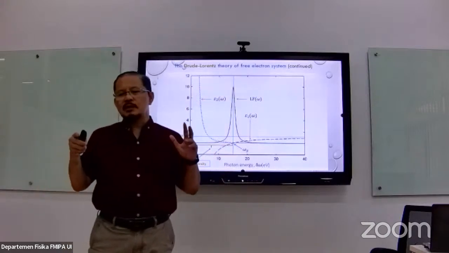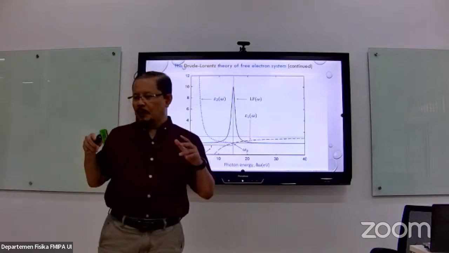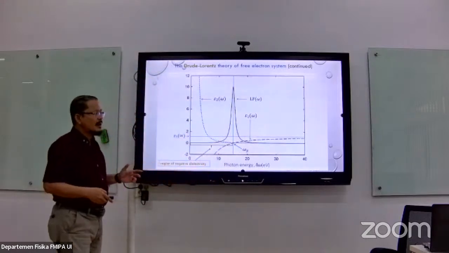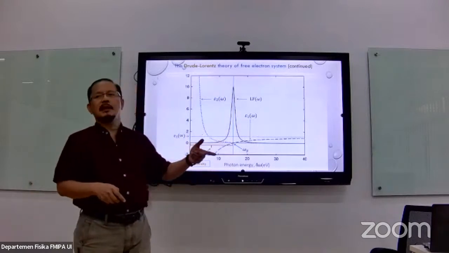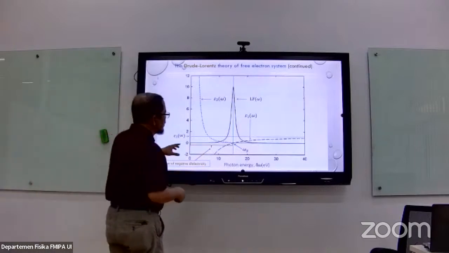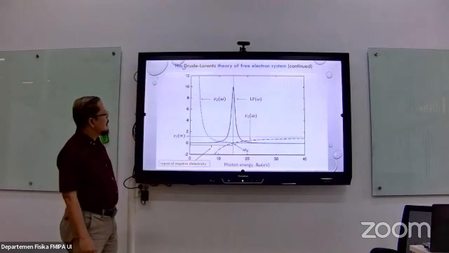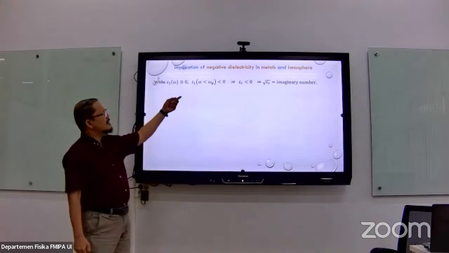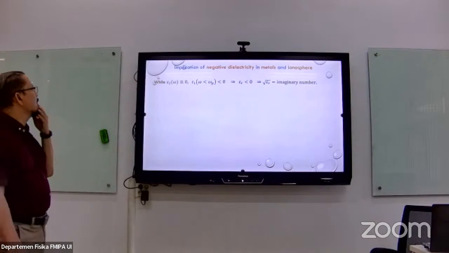Whether or not plasmons are important for us is something we are not going to focus on in our discussion yet, except if we have some time at the end, which I'm not sure of.